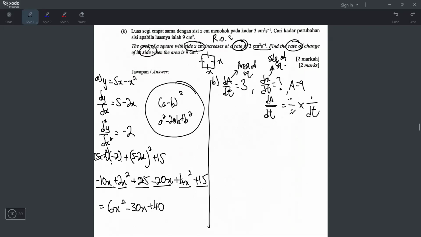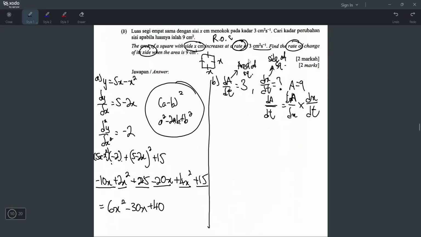But ada juga possibility dx, dA, right? But let me tell you, it will be better if you write dA, dx. You know why? Because A represents area of square, X represents side of square. And when you write your equation, later the equation will be A in terms of X, not X in terms of A.